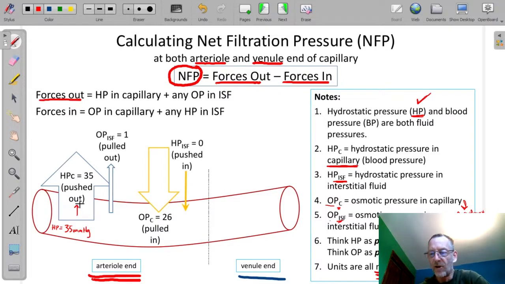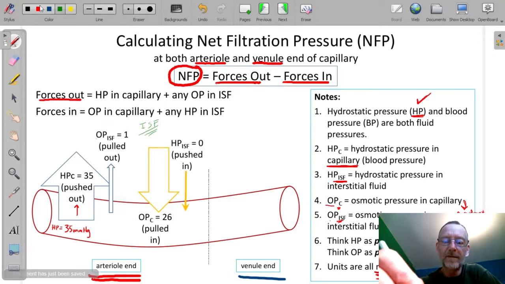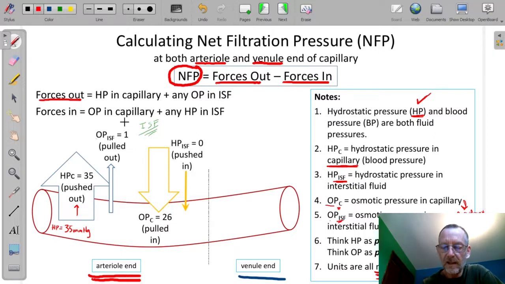And what else could be drawing it out? Well, we could have some osmotic pressure in the interstitial fluid. There could be some protein out here in the ISF. Let's pretend that that's 1. We'll calculate that again in the next slide.